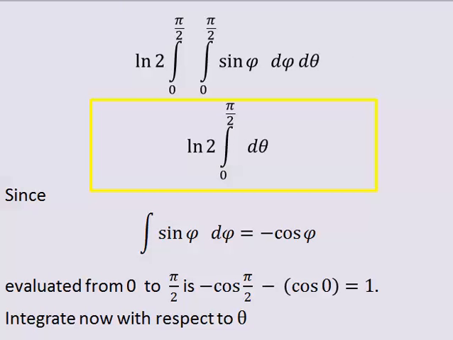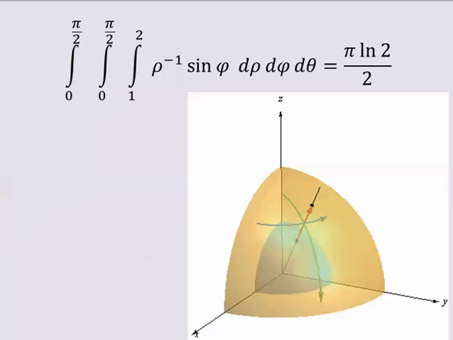And then integrating with respect to phi. Again, below the yellow box is my thinking and how I got that answer. Let's now integrate with respect to theta. And our function evaluated over d, our solid D, is pi ln of 2 all over 2.